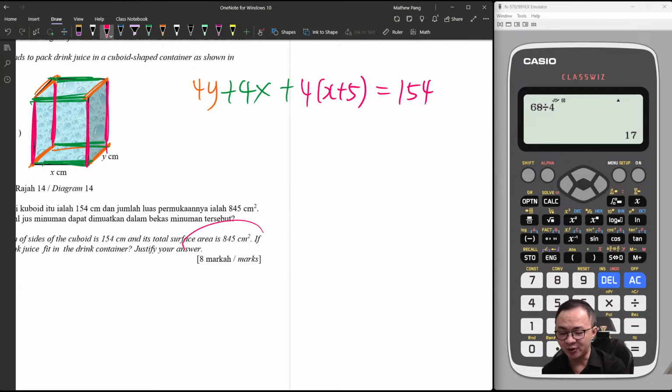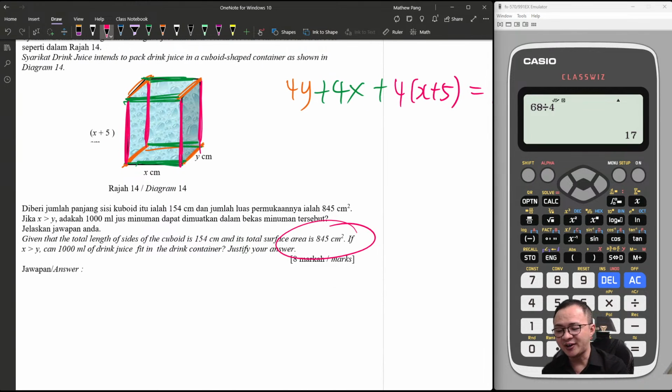The second equation is the total surface area is 845. So for the total surface area you need to find them one by one. The top and bottom one is very easy. It's xy, so 2xy. Then we will have the side one. The side one is what?